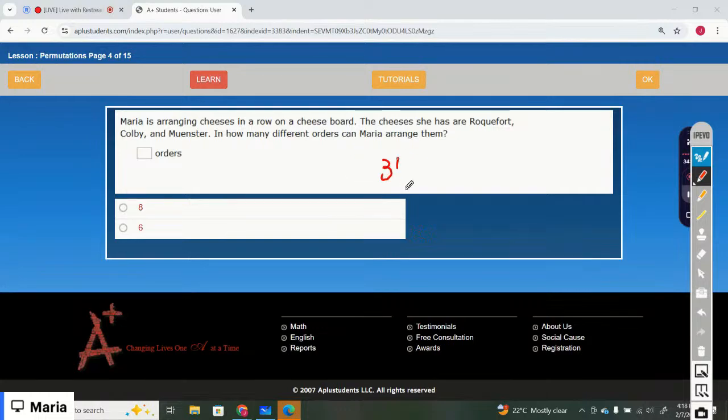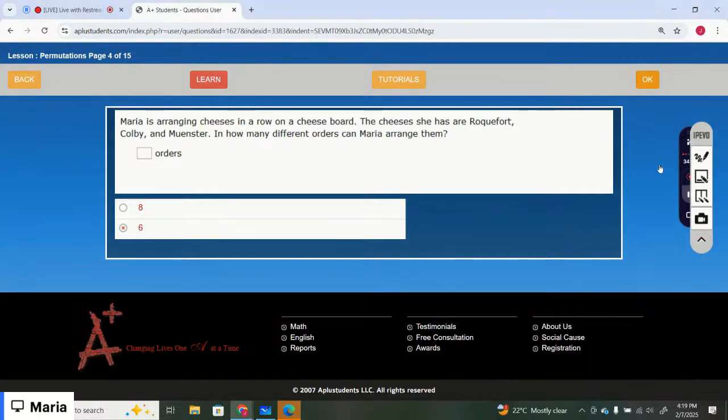So 3 factorial equals, that is 6. Option number 2 is the correct option.